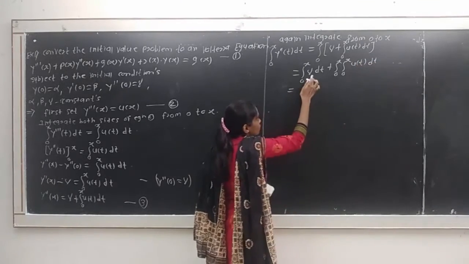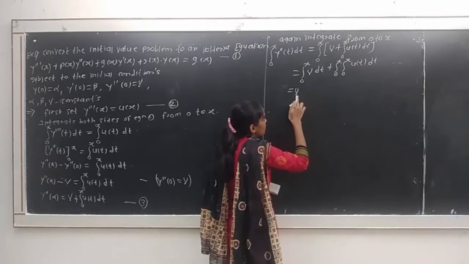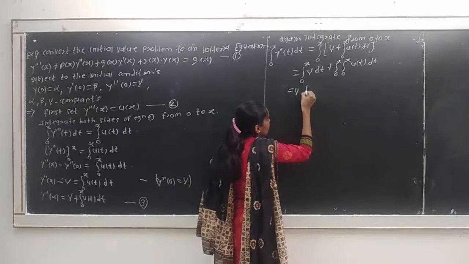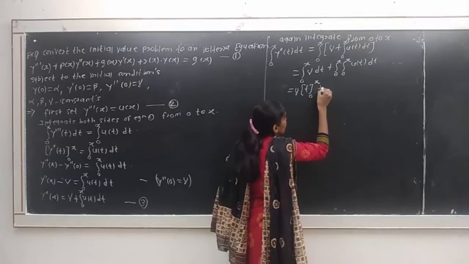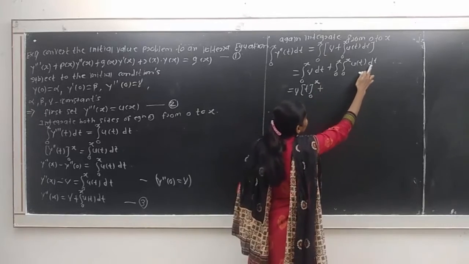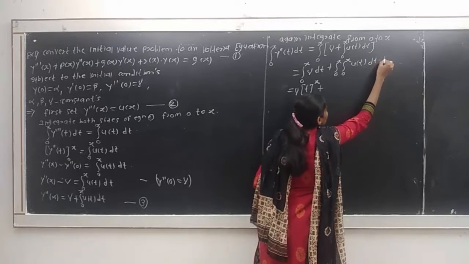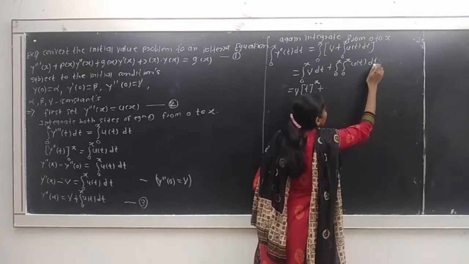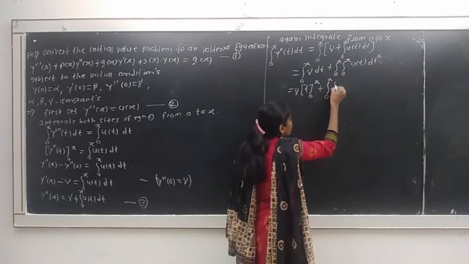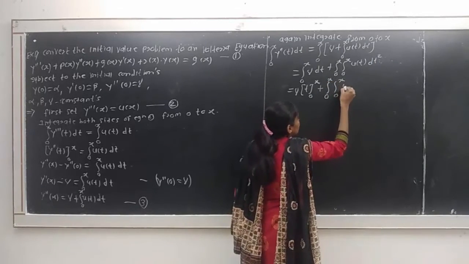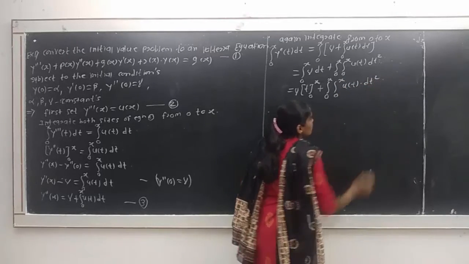Here gamma is a constant, therefore we take it outside the integration, and the integration of dt will be t from 0 to x. Plus, here again we write dt into dt, or we can write it as dt square. Therefore, the integration from 0 to x of the integration from 0 to x of u of t dt square.